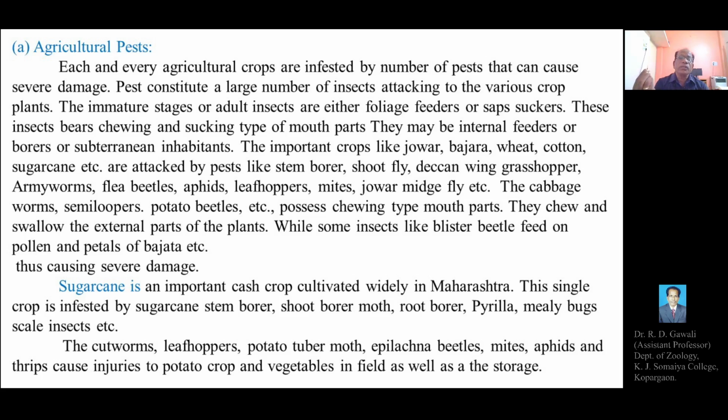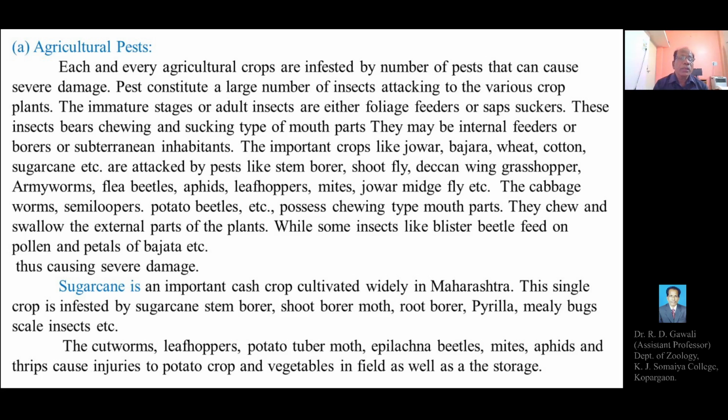And this single crop, sugarcane, is infested by sugarcane stem borer, shoot borer moth, root borer, pyrilla, mealybugs, scale insects, etc. A single crop like sugarcane can be infested by different types of insect pests causing the loss of the sugarcane.